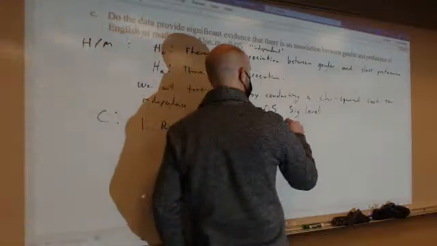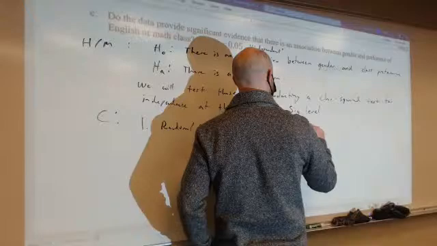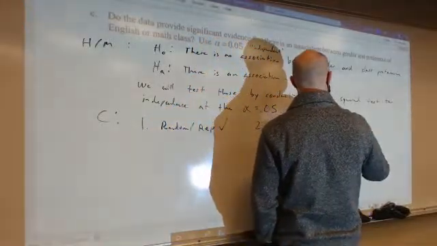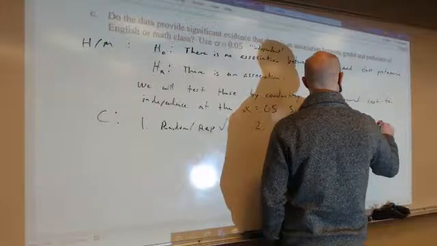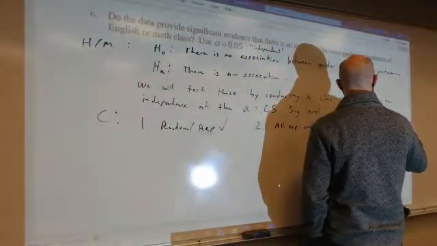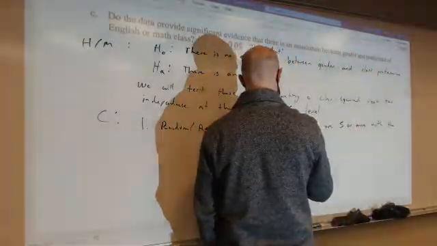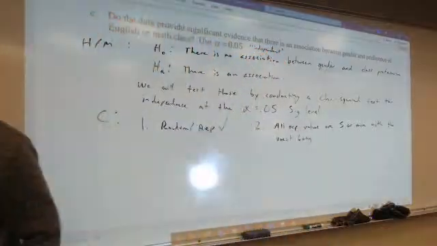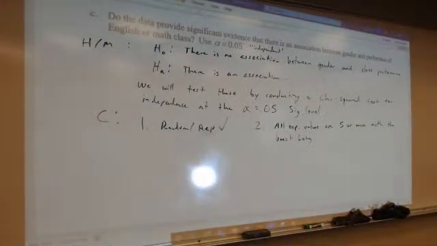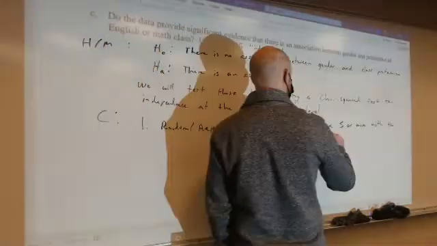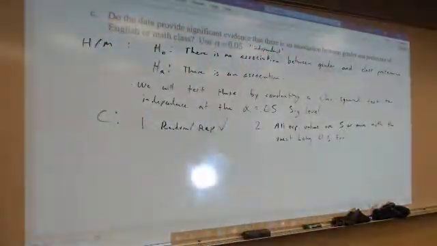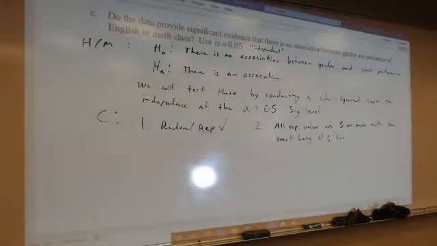So we'd say something like all expected values are 5 or more, with the lowest being, what was that, 21.5. 21.5 for male and math.